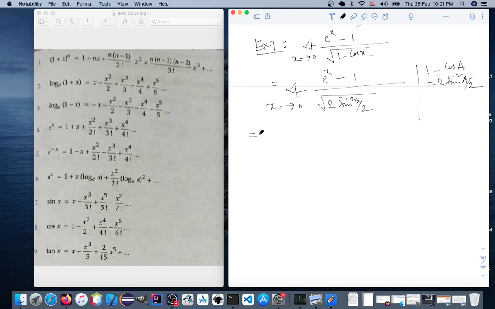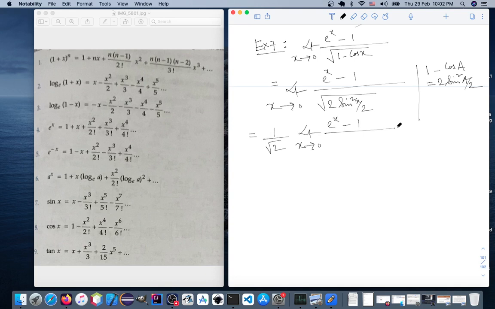Now we can bring the 1 by root 2 outside, and now we have square root of sine square x by 2.